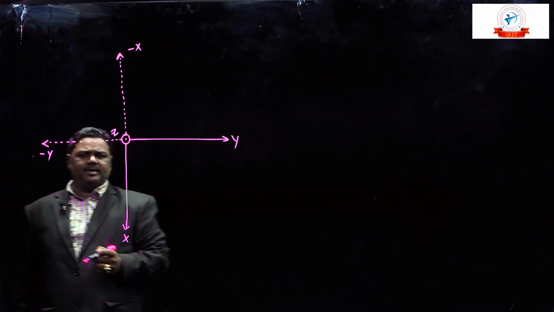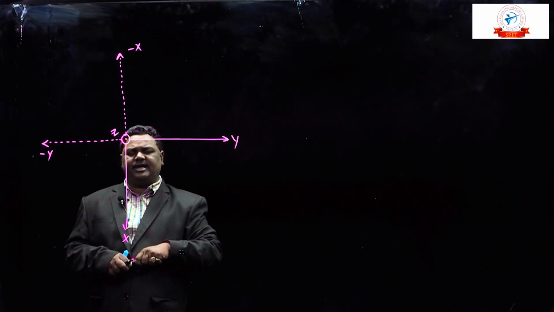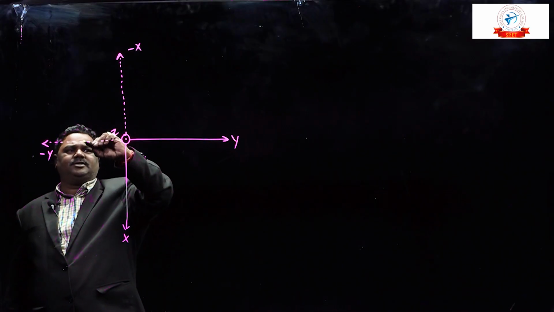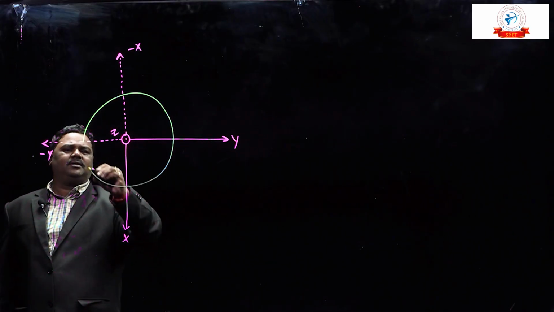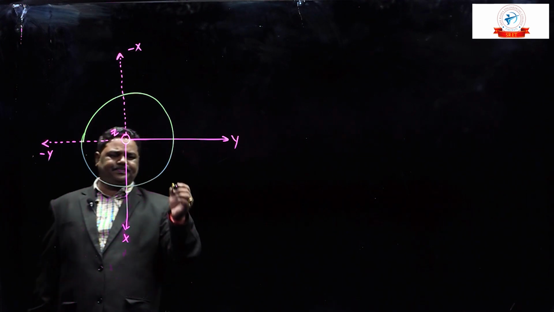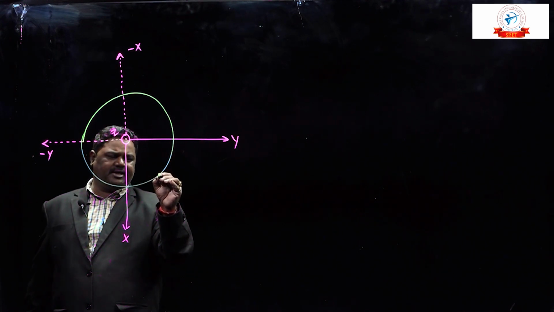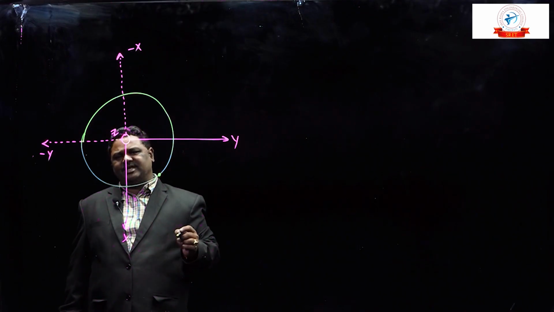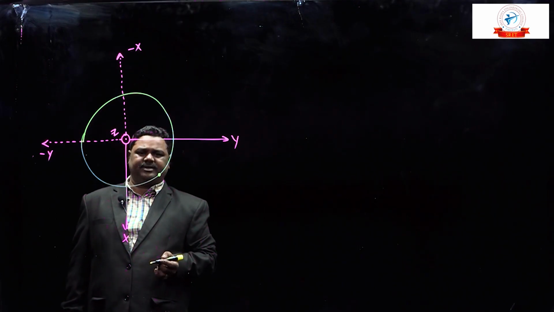In the top view, you know that the cylinder looks like a circle. Now let us consider any point. At this point, what is the direction of rho, what is the direction of phi, and what is the direction of z?